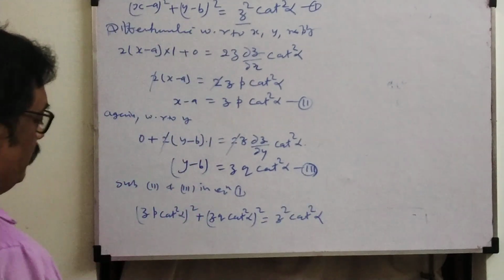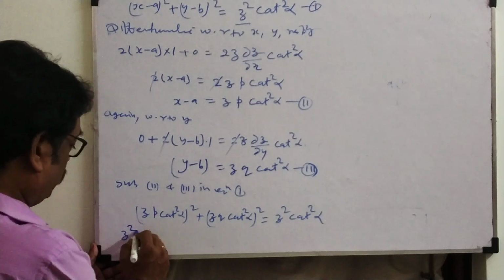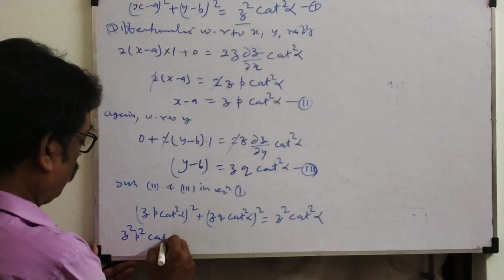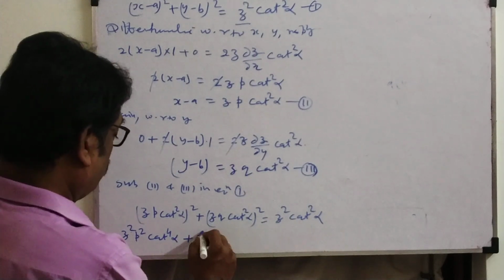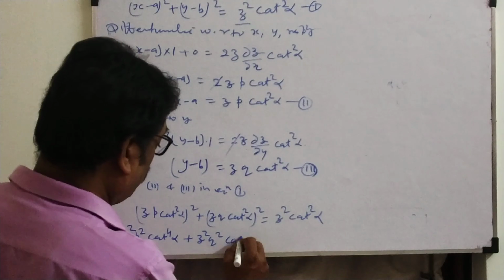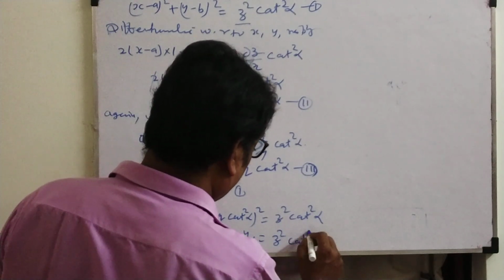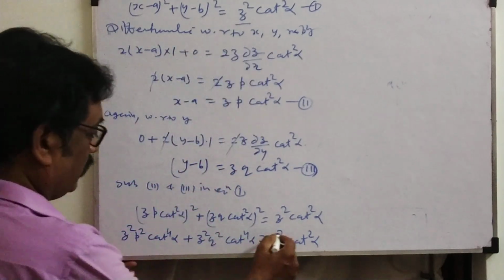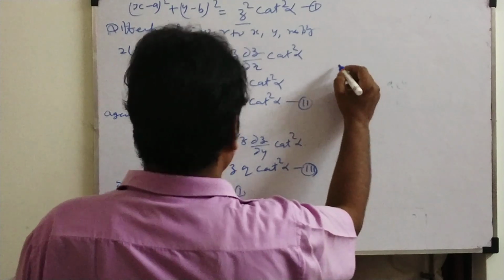Okay, now we'll solve. Here what will come? Squares are there, so z square p square cot power 4 alpha plus z square q square cot power 4 alpha equals z square cot square alpha. Now look here, if you take z square and cot square alpha common, one step I will write for you.